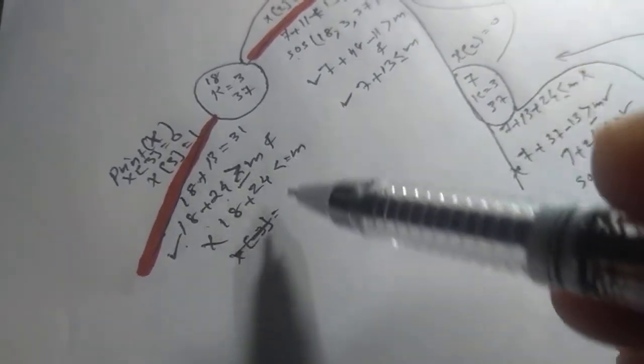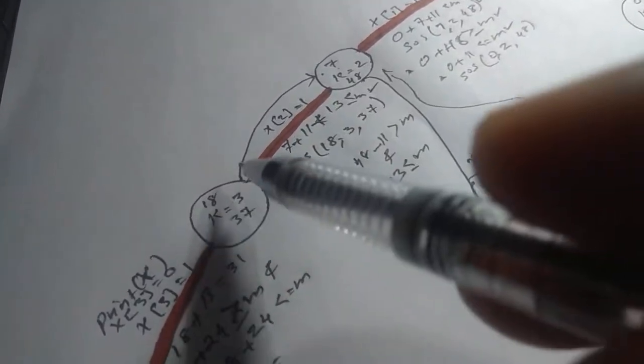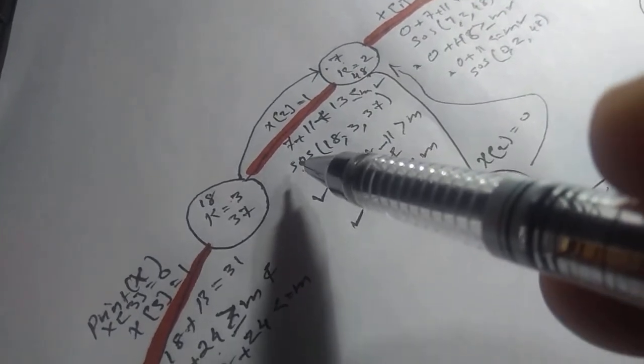So it will make x3 equal to 0 and it will return. Okay, this instance is returning.